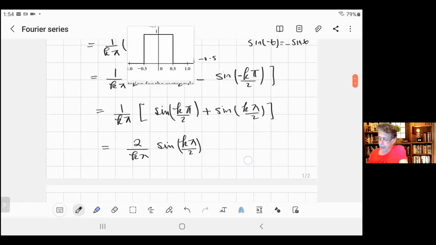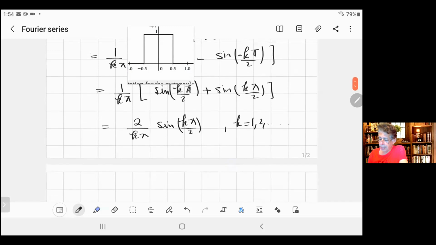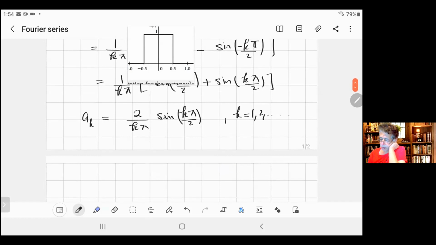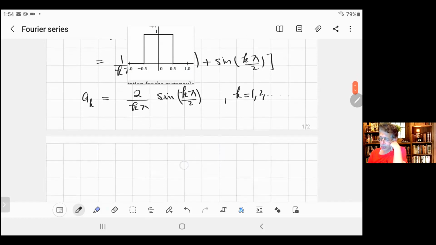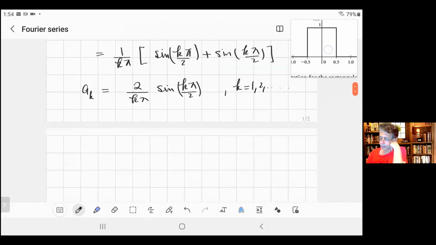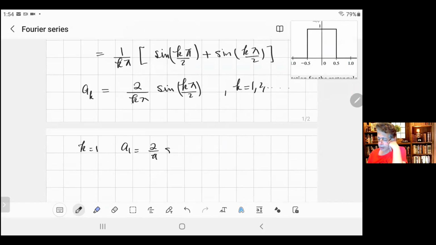And when you do that, remember that k can take values 1, 2, 3 to infinity. Remember, that's a_k. Let's see the possible values for this coefficient. When k is equal to 1, you have a1. Substitute k equal to 1 here, so you have 2 over pi sine pi over 2.